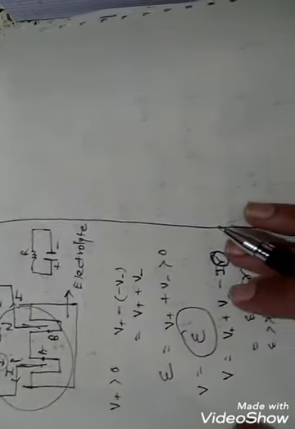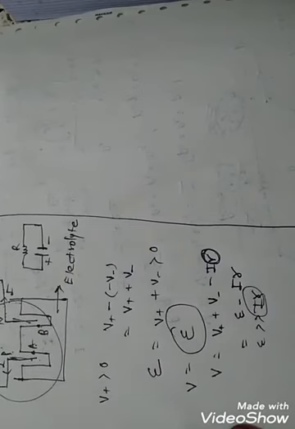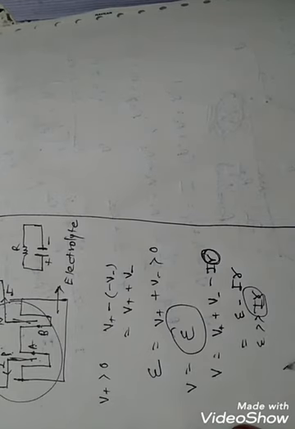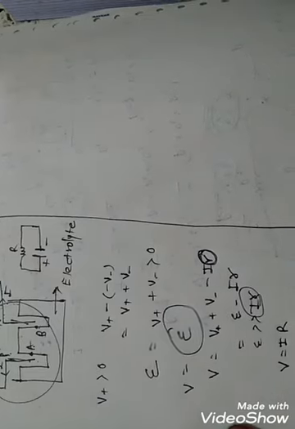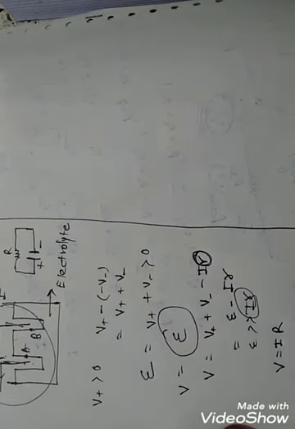We observe that V is the potential difference across R. From Ohm's law, V is equal to IR. So, combining, IR is equal to E minus Ir, so I is equal to E upon R plus r.